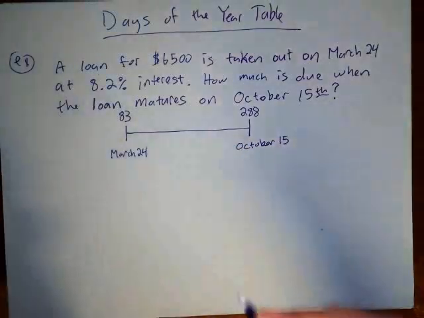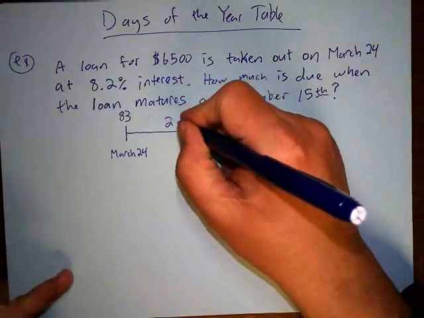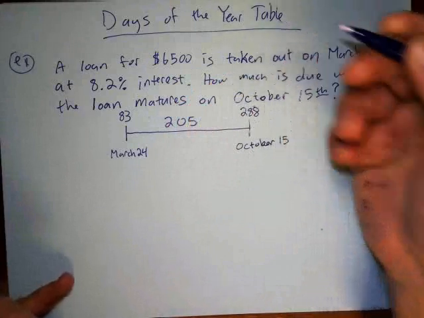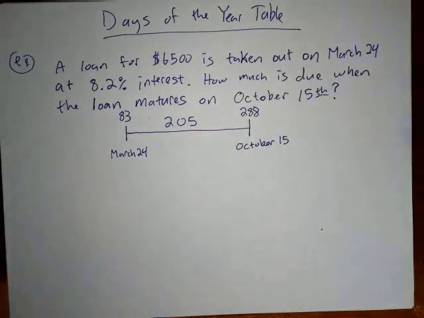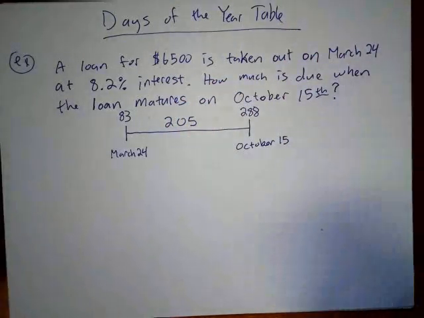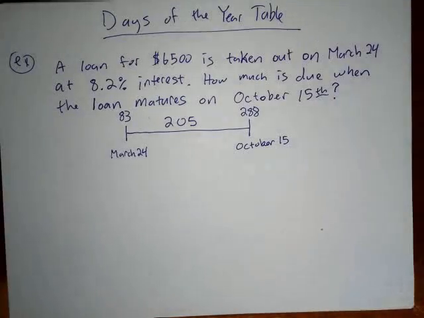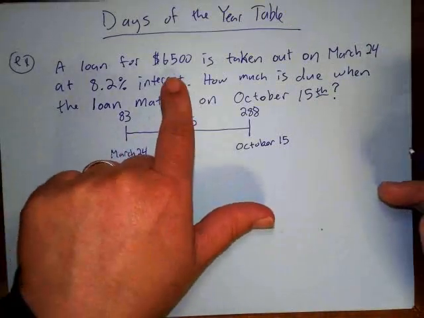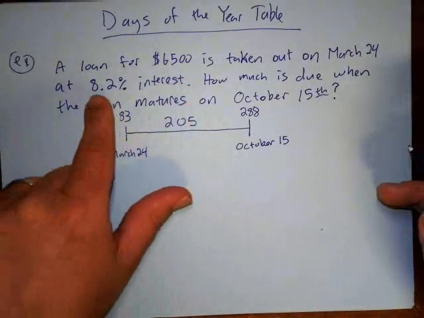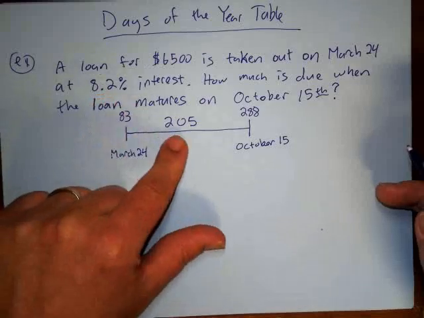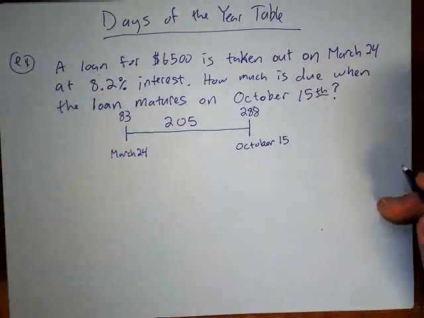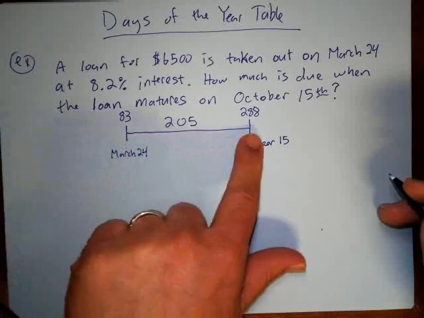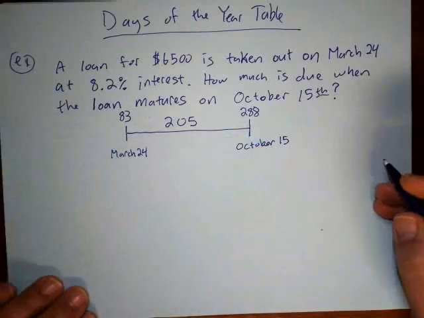So this loan lasted for 205 days. And now this is just like one of the problems that we did on the first half of the assignment, because this would be a loan for $6,500 at 8.2% interest for 205 days. The only difference here is I had to use the table to find out the length of the loan.